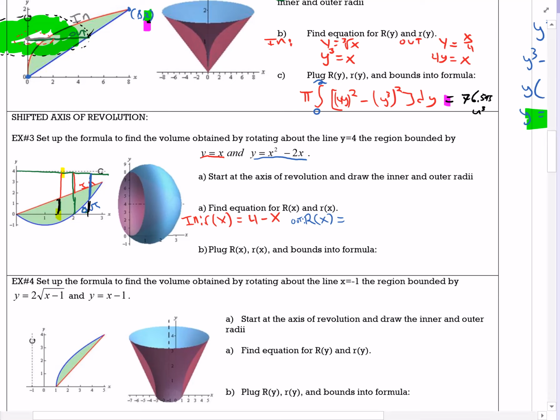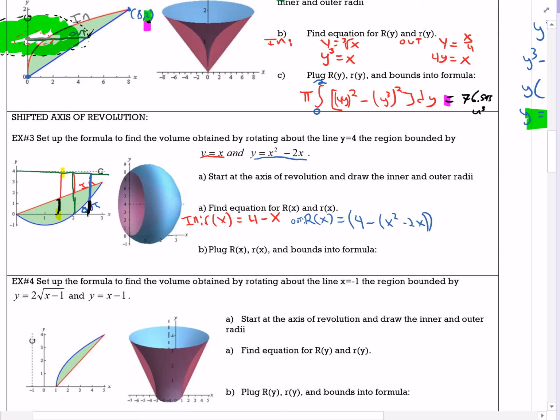The blue piece right here is our outer radius, but the function tells us this black piece, right? The function tells us the distance from the x-axis, and so for the outer radius, again, we need to do 4 minus our function to get the outer radius.